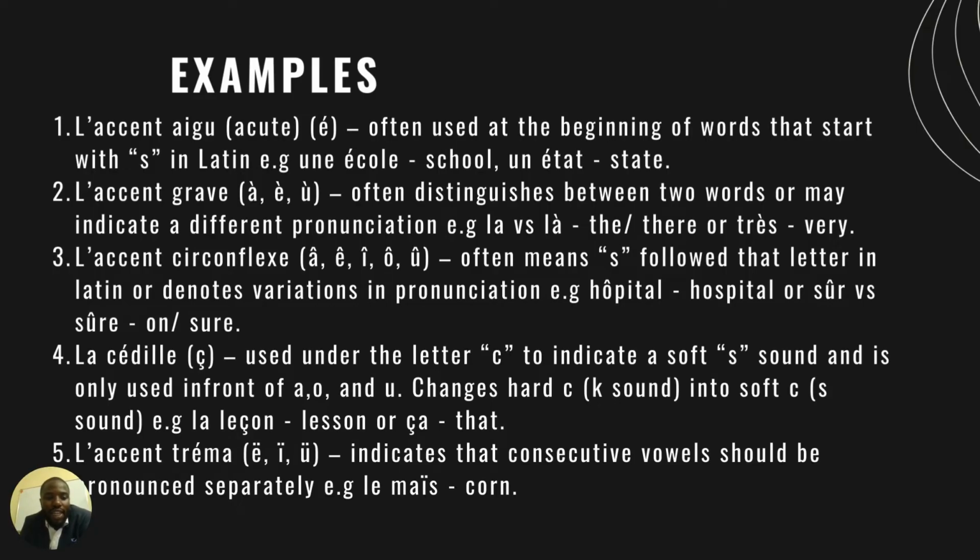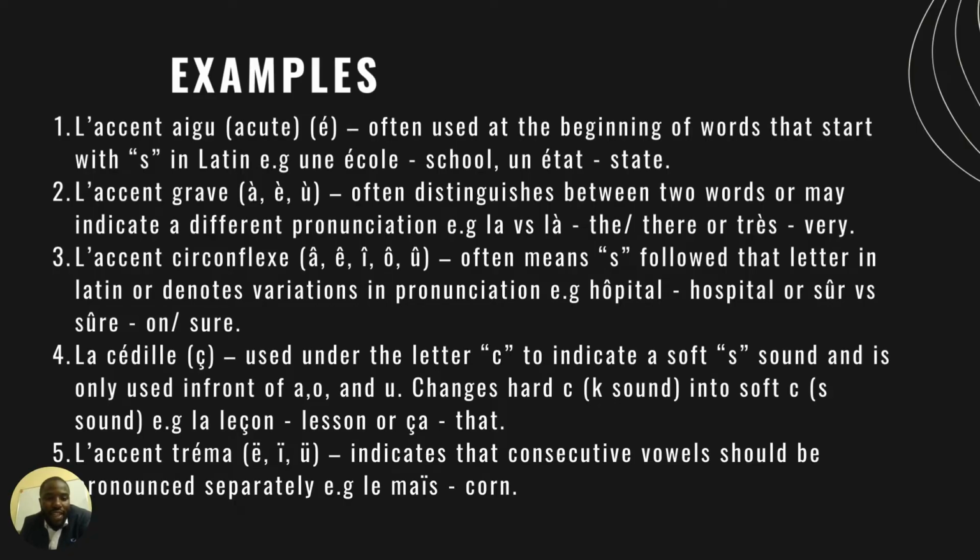Then the last one is l'accent tréma. L'accent tréma is those two dots. For example, the example that I gave you when we were talking about accents that don't change the pronunciation in English. We're talking about naive. It had those two dots. It's called l'accent tréma in what? In French.